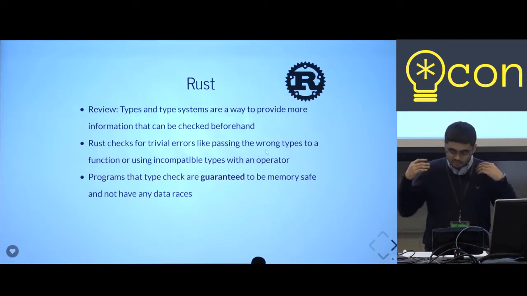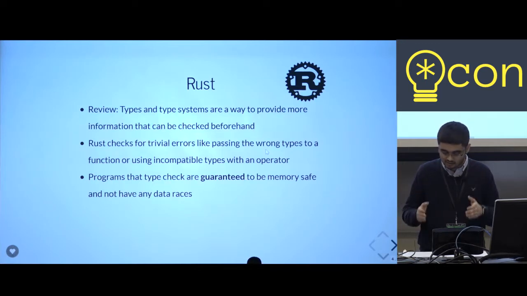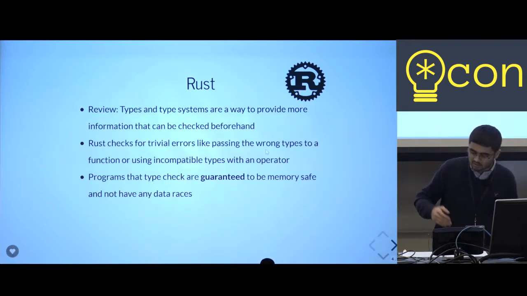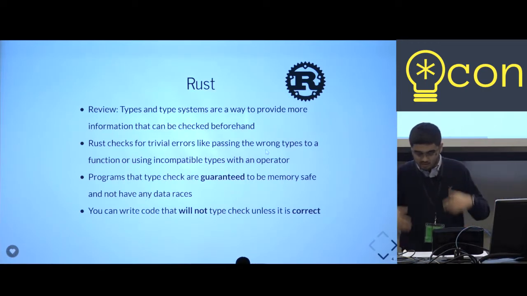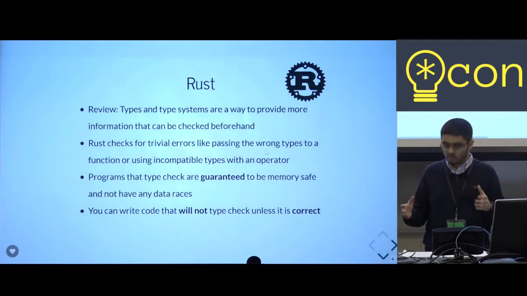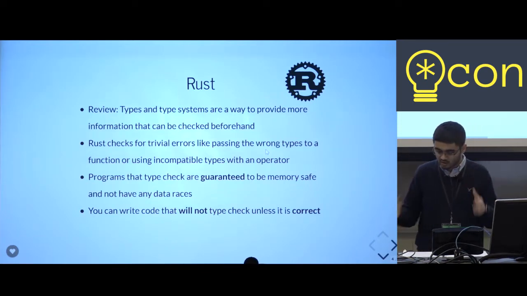Rust is actually one of the first languages of its kind that's able to make these sorts of very advanced guarantees. Now, I unfortunately don't have enough time to explain how Rust does all of this, but you should know that you can even write programs in Rust where it actually becomes impossible to run an incorrect program.